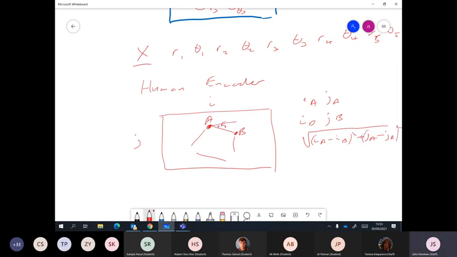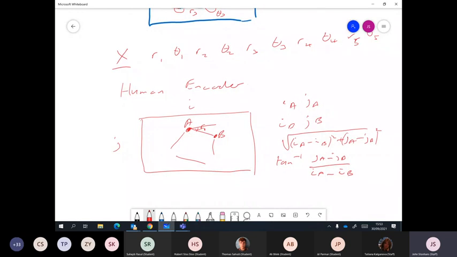And if you want the angle, it is going to be tan to the minus 1 of (JA minus JB) over (IA minus IB). And once you've got that, you've got a polar vector encoding.